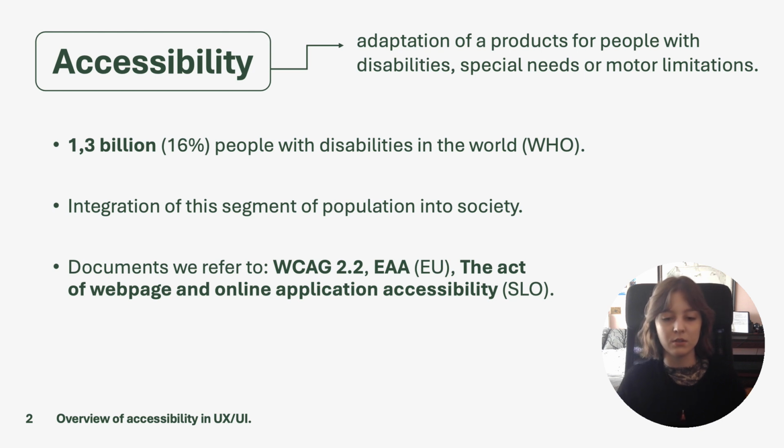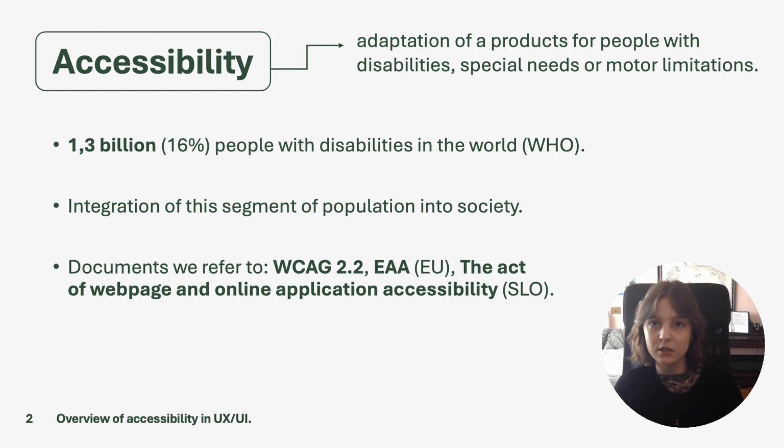Because so much of our lives today revolve around the use of the web, it's important that we integrate accessibility into our web products, which means that we adapt them to people with different types of needs or motor limitations. Adjusting accessibility is an important step because with that, we ensure that this segment of population is integrated into society.